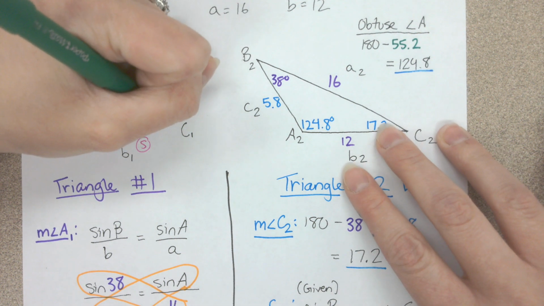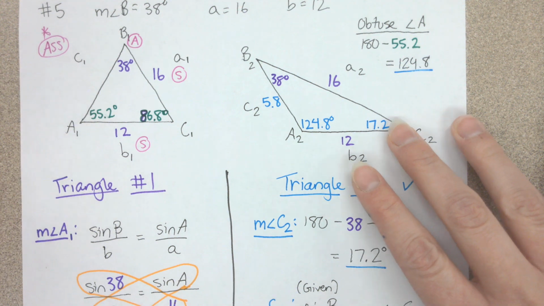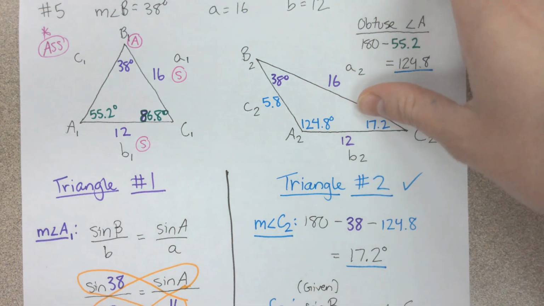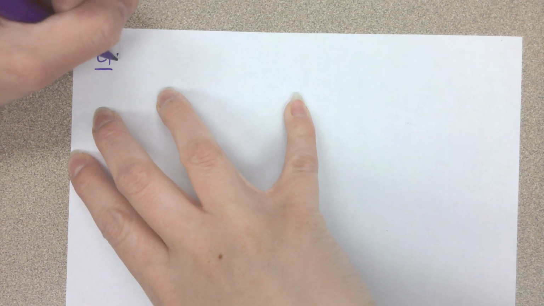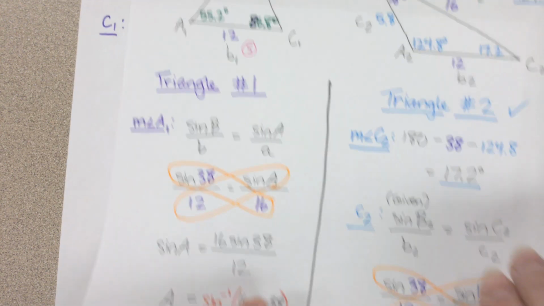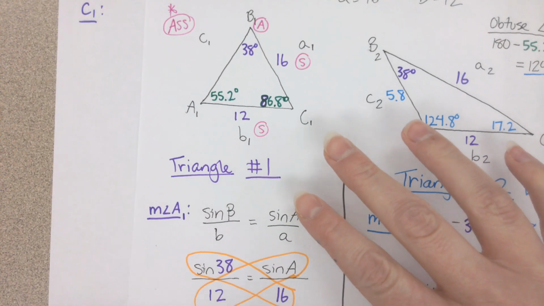Okay. Lastly, we need to find C1. So I'm out of space. I will get a different piece of paper to finish that up on. So we are finding side C1, side C, triangle 1. Just like how I did it when I solved for triangle 2, same logic applies.